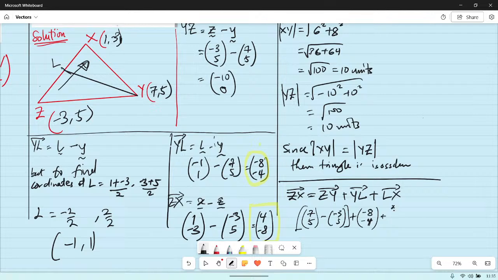That's X minus L. This one is Z. X minus L. X is (1, negative 3) minus L (negative 1, 1).